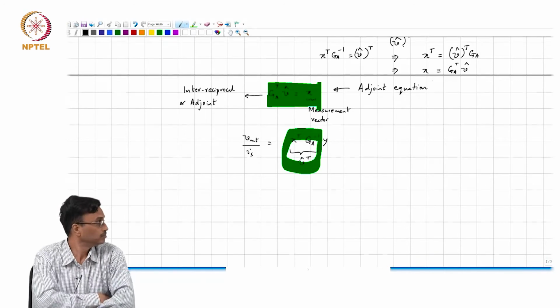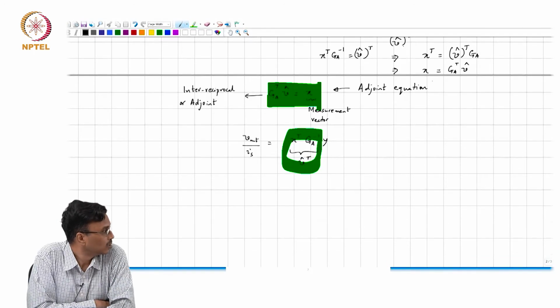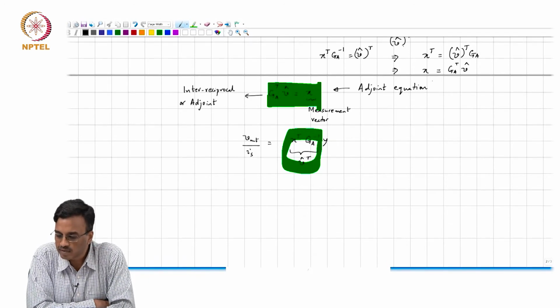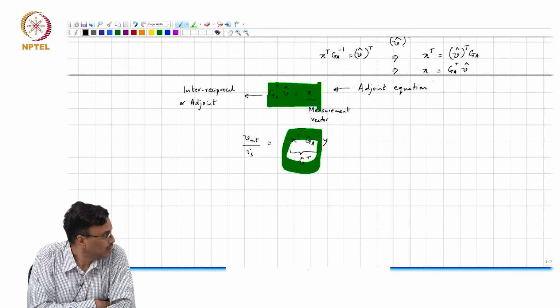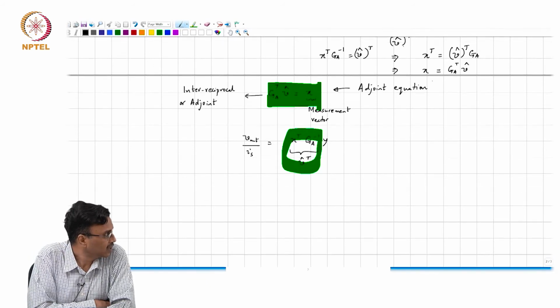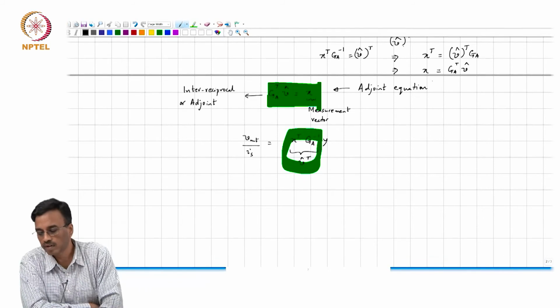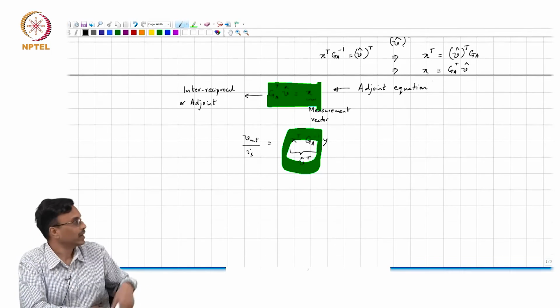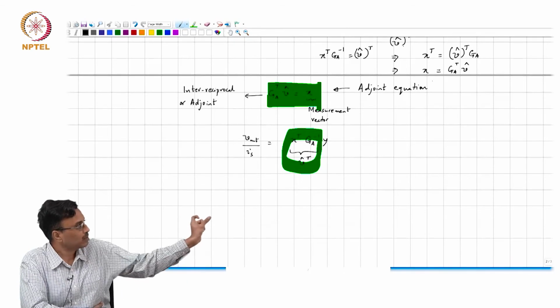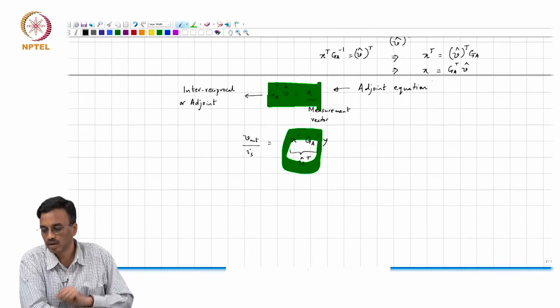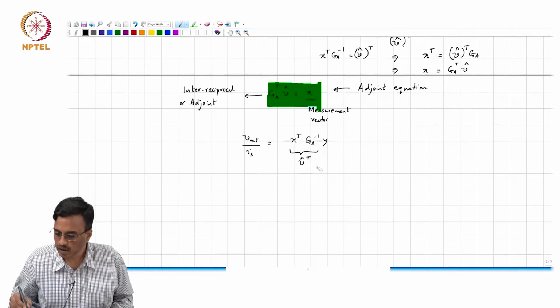And so the bottom line is that interreciprocity can be simply thought of as evaluating the first two terms of this equation.